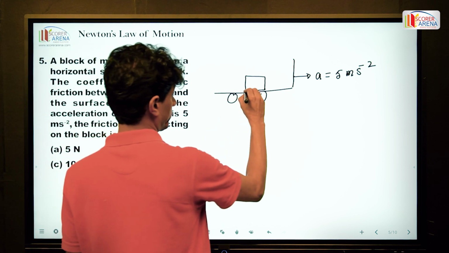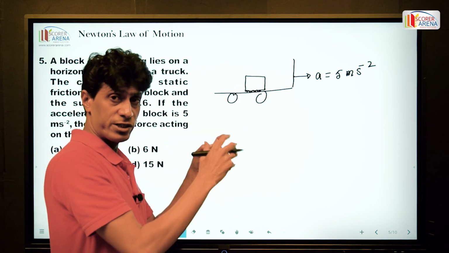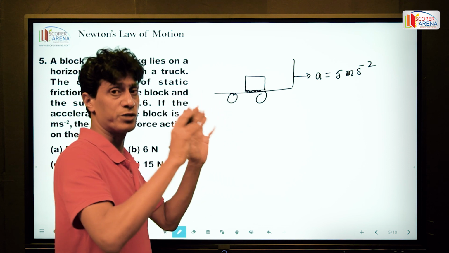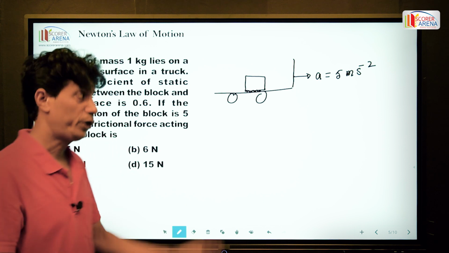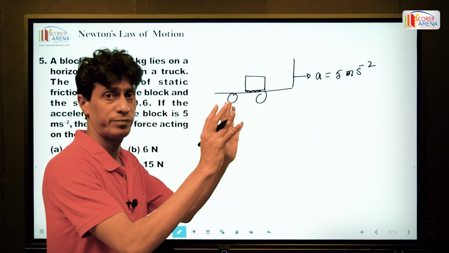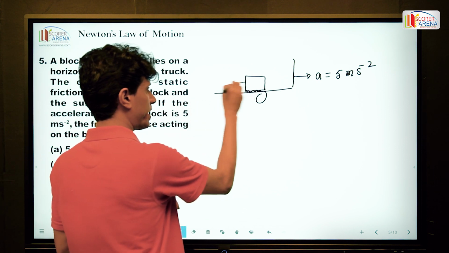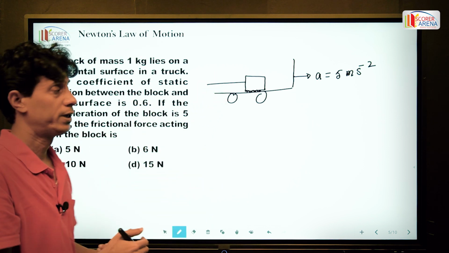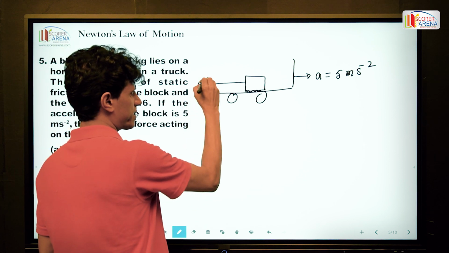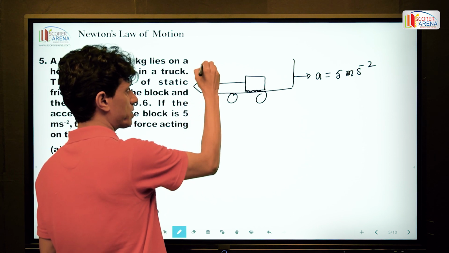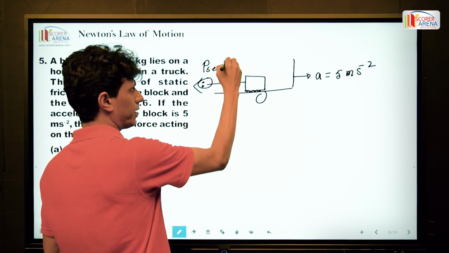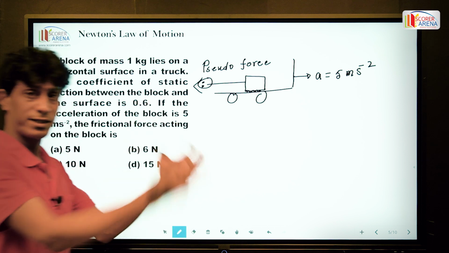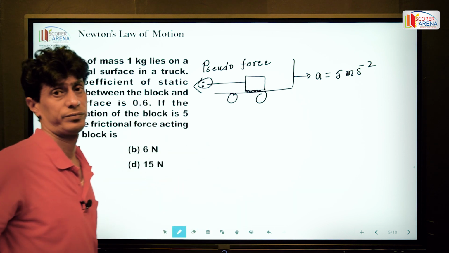And you know, this body is placed on a non-inertial frame. Non-inertial frame means the frame which is moving with an acceleration. When any frame is moving with an acceleration, the body kept on this frame experiences a pseudo force, which is opposite to the acceleration of the frame.